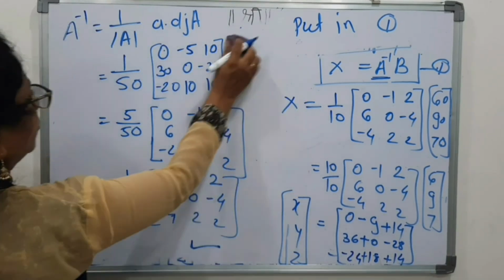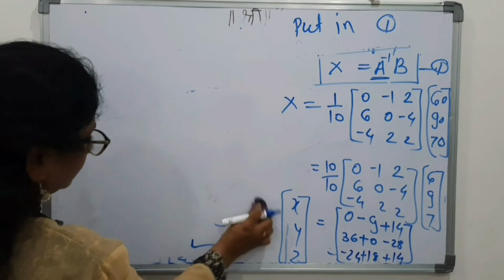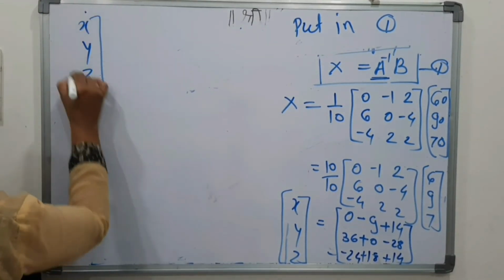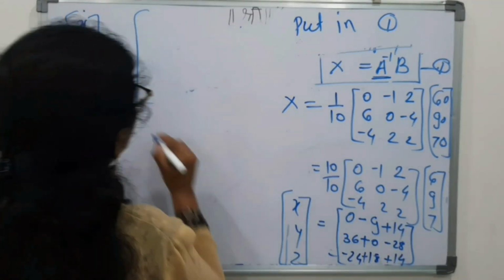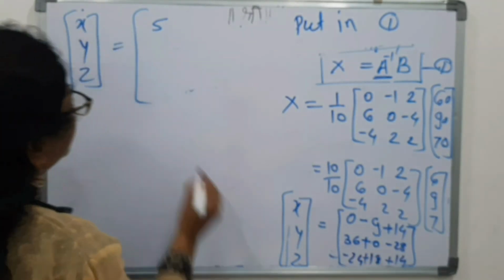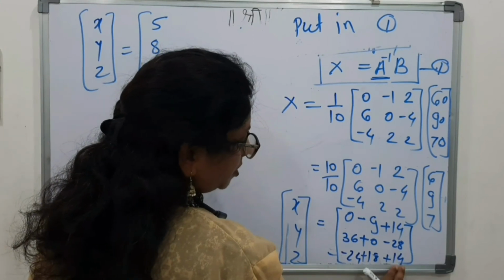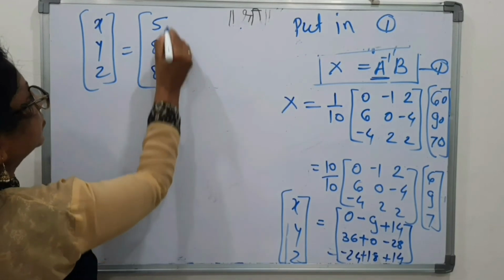In this way, what is our x, y, z? Simply minus 9 plus 14, that is 5. 36 minus 28, that is 8. 24 minus 14 means minus 10. Minus 10 plus 18, that is 8.